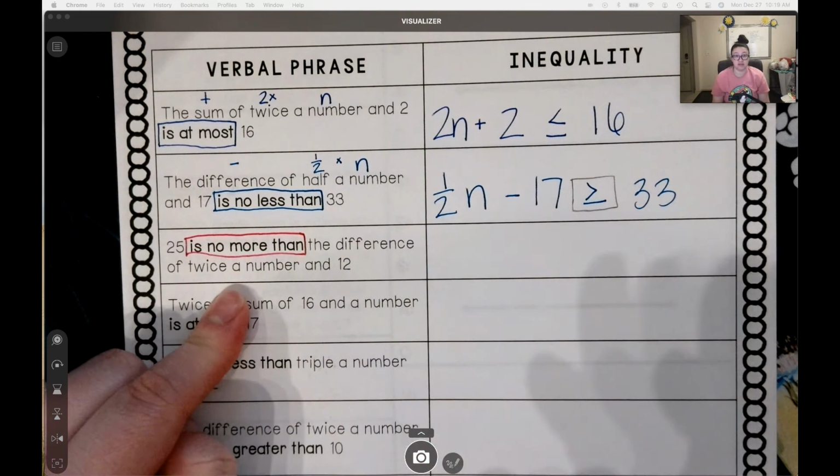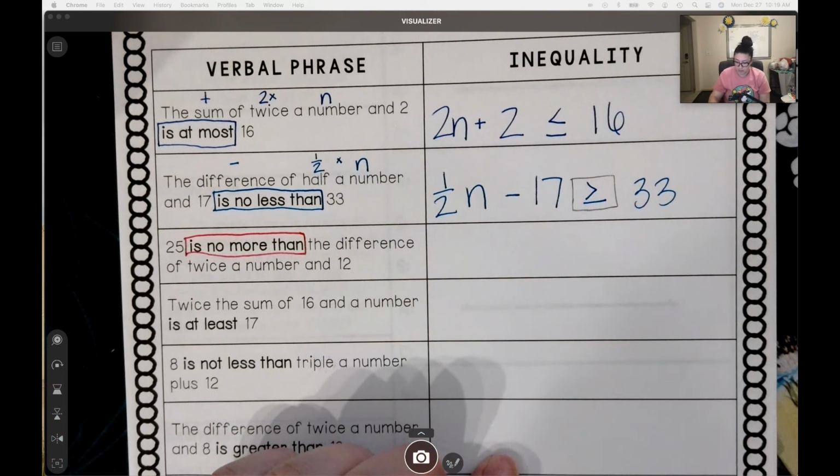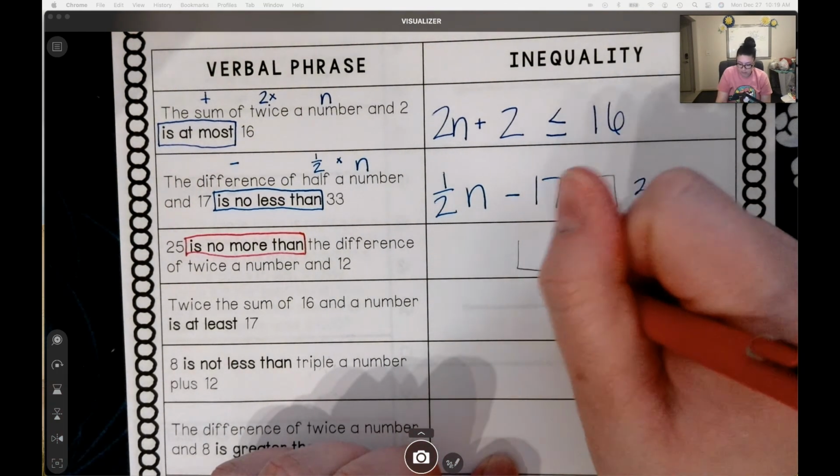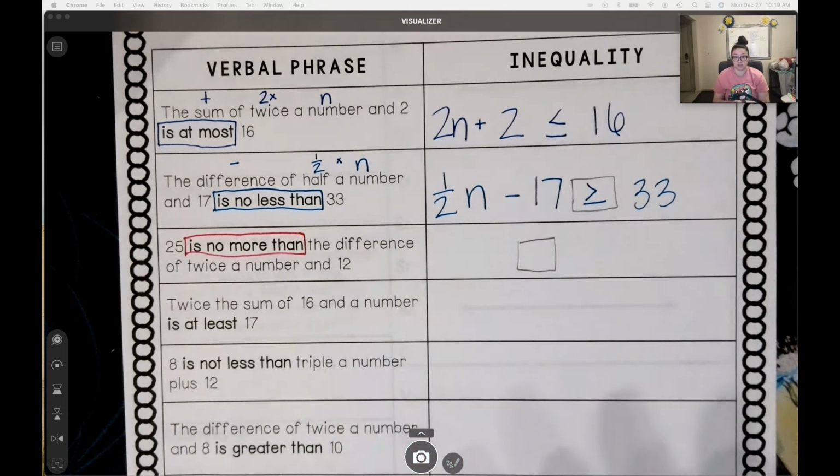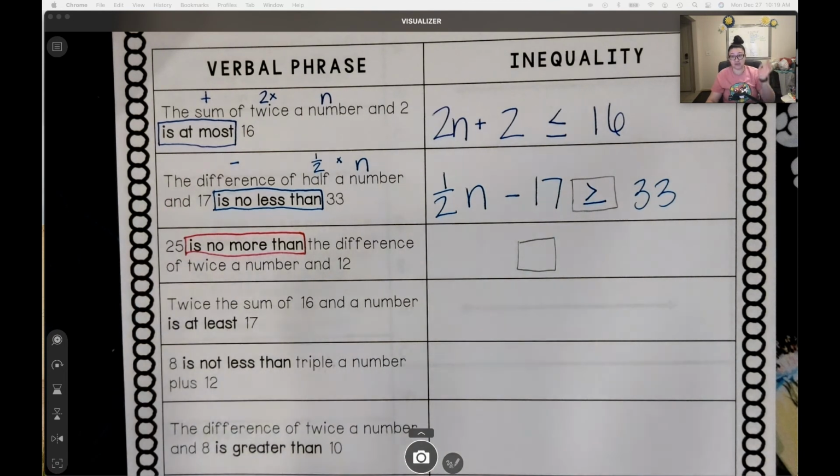I want you to pause the video and set up what is going to be on both sides of your inequality. Do the sides first. Pause me, and let's see what you can do. All right, we're going to try this TikTok transition that didn't work for me last time. Let's see what you should get for the two sides of your equation.